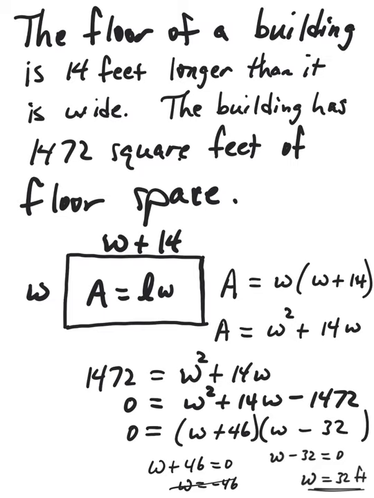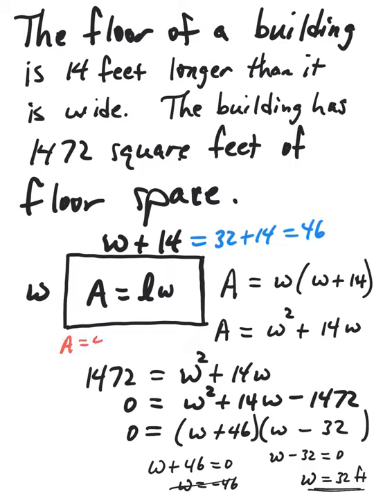That's good. Go back up to your diagram. And I'm going to change colors of ink. If W comes out to 32, and we add 14, that's going to give us 46. And that works just fine. Let me change color one more time.